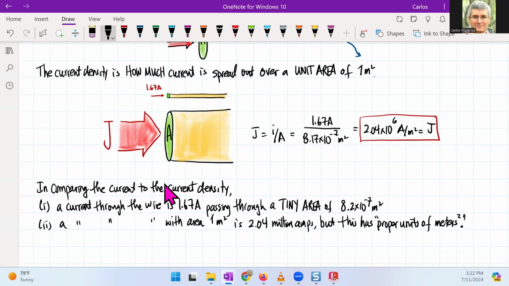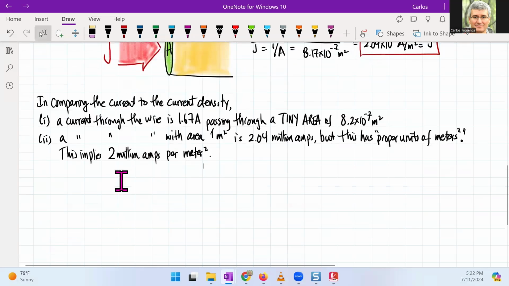So, once again, this implies 2 million amps per meter squared. Once again, they mean the same thing because the current density is just a standard quantity that we can look at. Now let's talk about the drift.